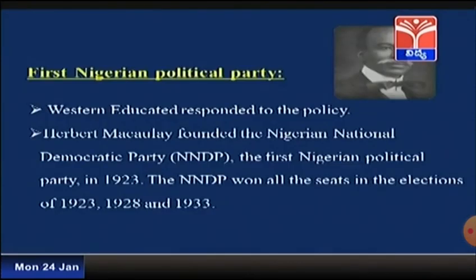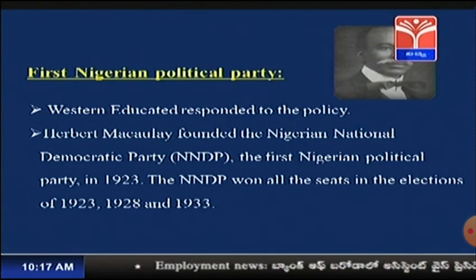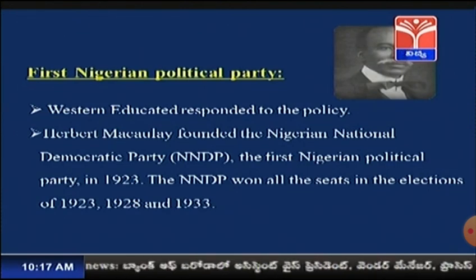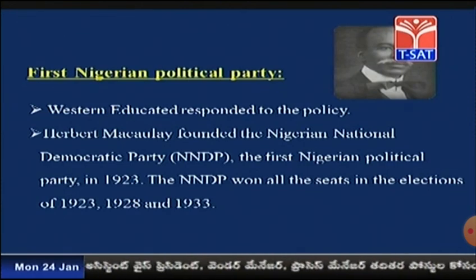For this purpose, a new leader came up with a new political party. The first Nigerian political party was formed by Herbert Macaulay. The party name is Nigerian National Democratic Party, in short known as NNDP.